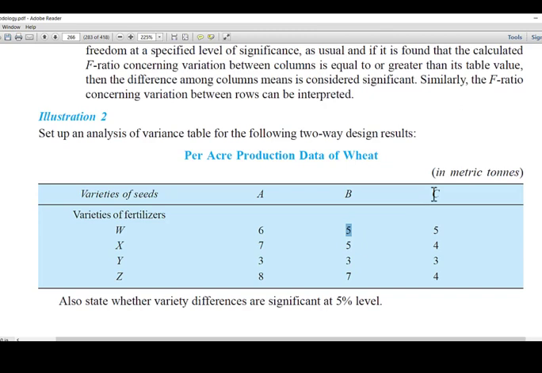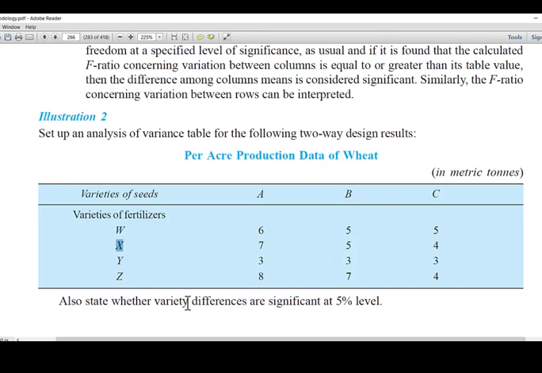When C variety of seed is used with fertilizer W, then 5 metric tons is the production per acre. And here this is 7, this indicates 7 metric tons per acre. This is the production when A variety seed with fertilizer variety X is used. Like that we can understand this table.